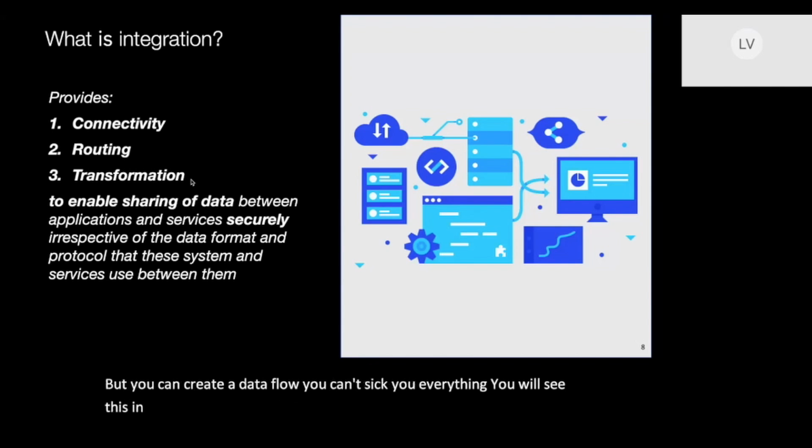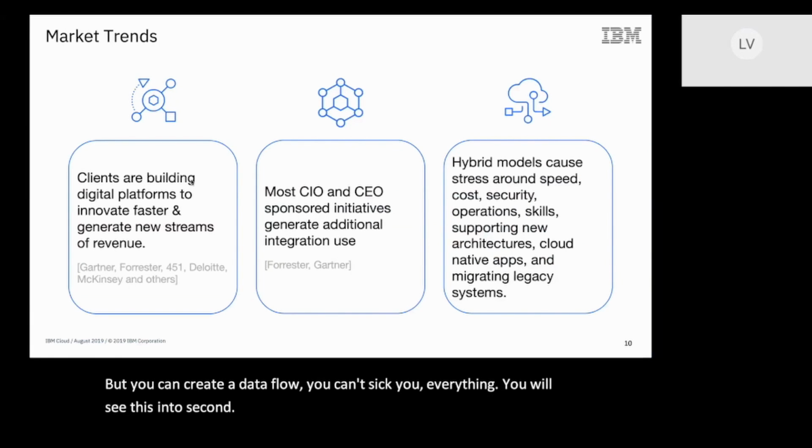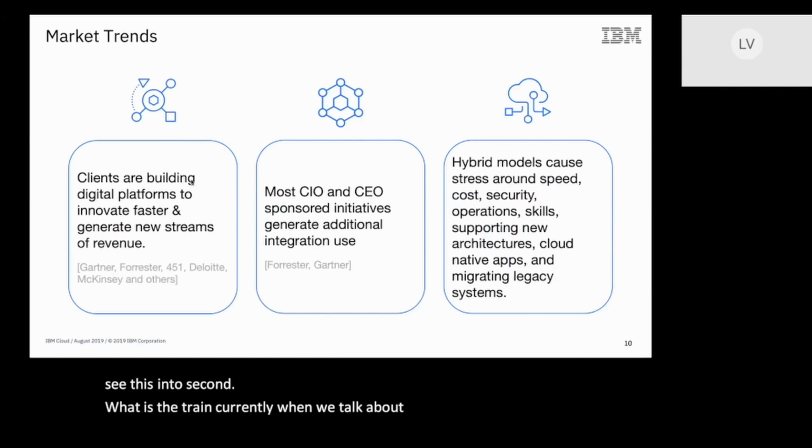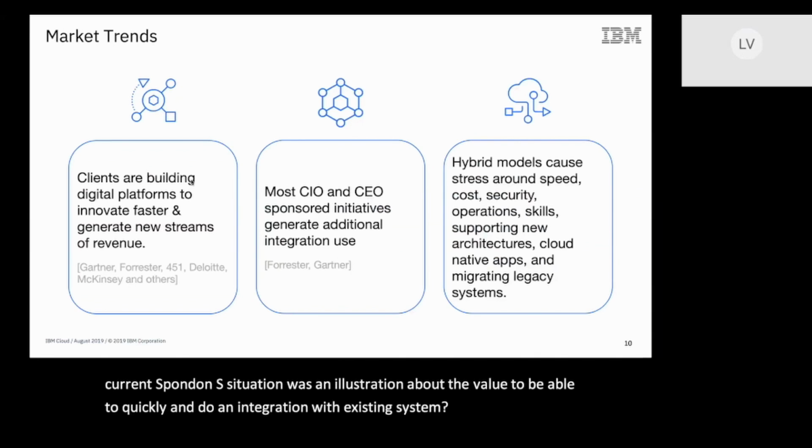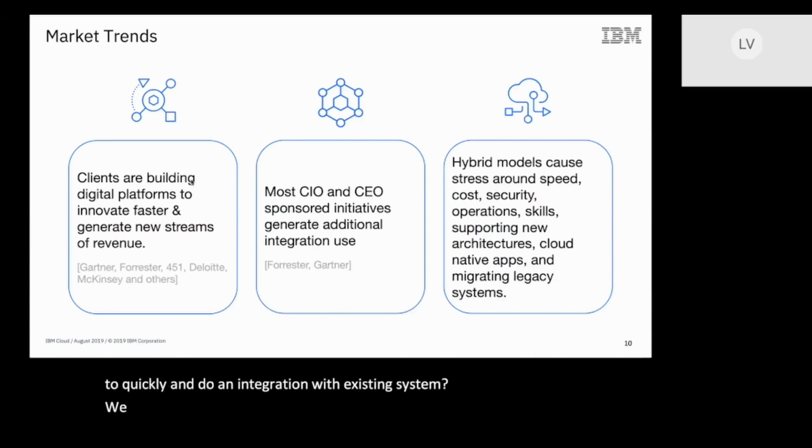What is the trend currently when we talk about integration? The current pandemic situation was an illustration of the value of being able to quickly do an integration with existing systems. In France, or mainly in Europe, we started the confinement 3 months ago, but the decision was taken quickly.